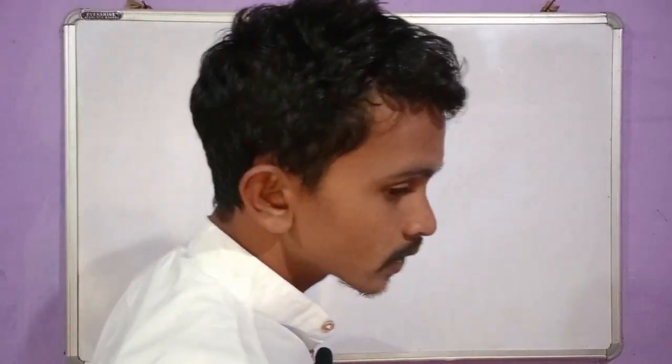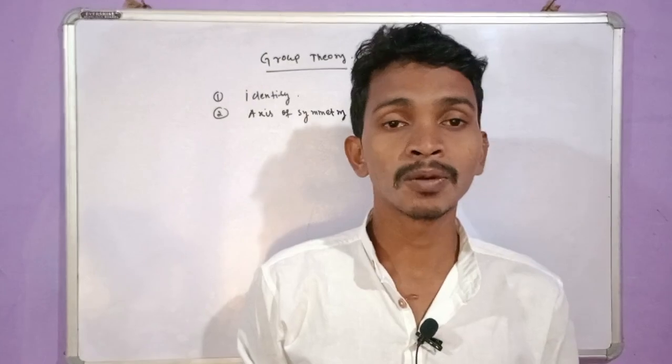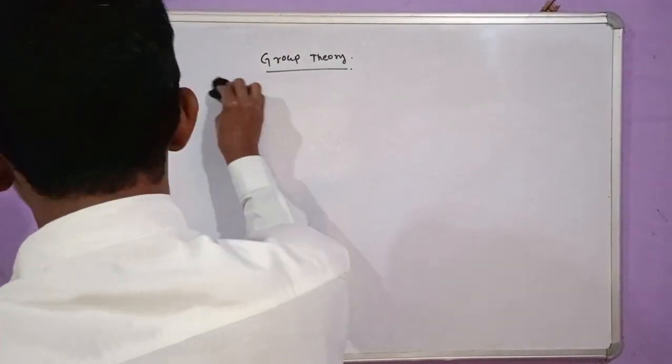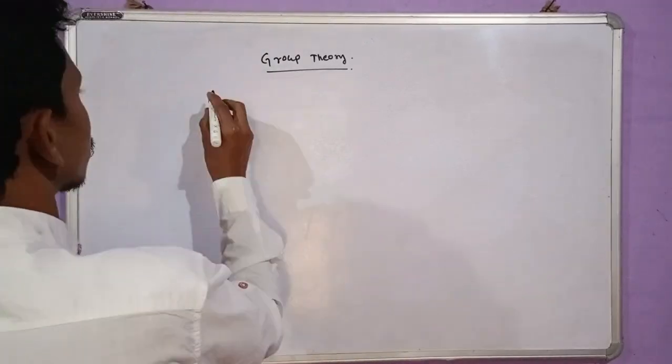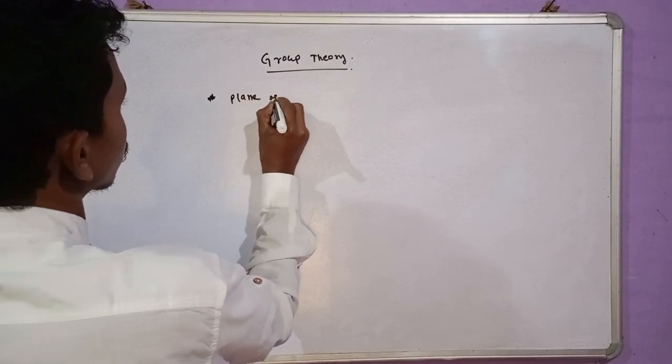Today we will discuss plane of symmetry, and in the next class we will discuss center of symmetry and improper axis of symmetries. So the topic for today's class is plane of symmetry.